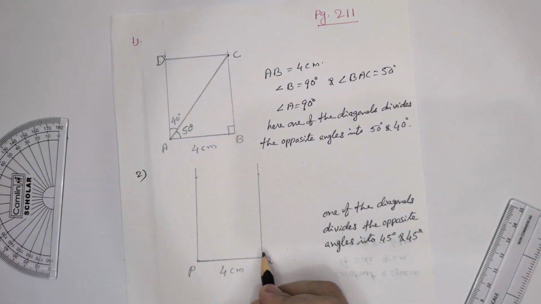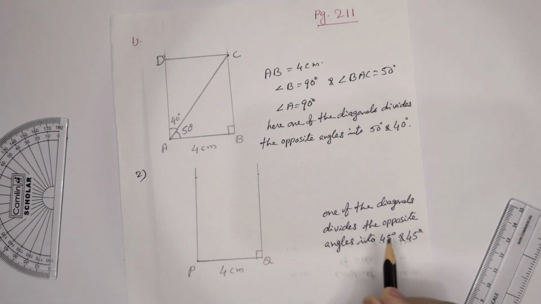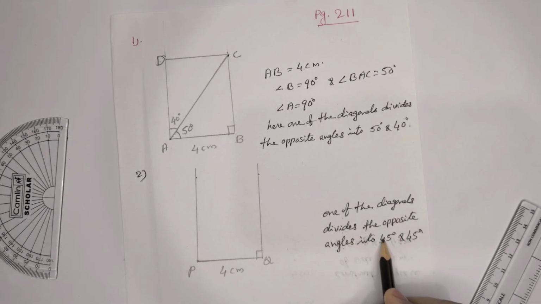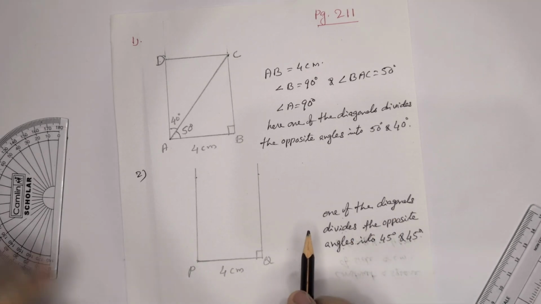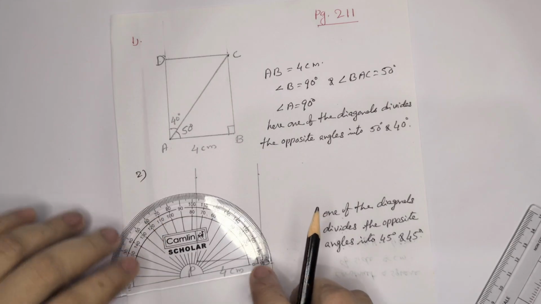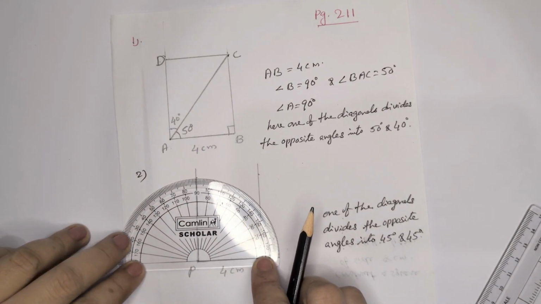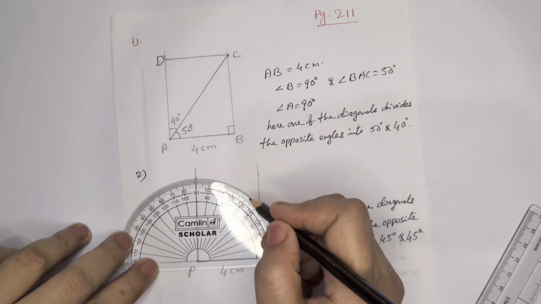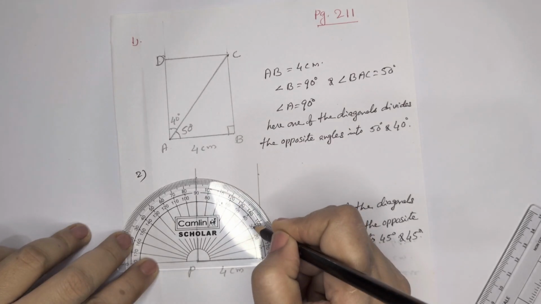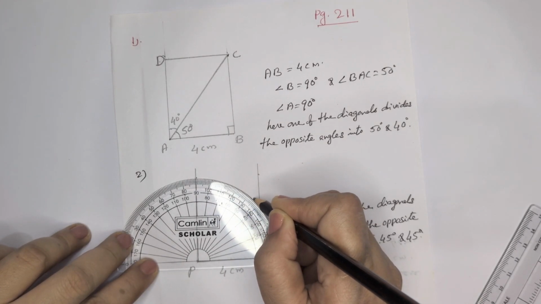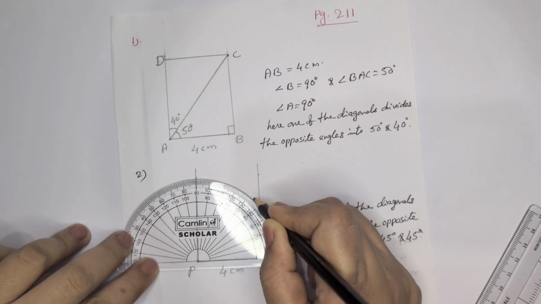Now this angle is 90 degree. We have to make one of the diagonals divide the opposite angles into 45 and 45. So keep the protractor at P and mark 45 degree: 0, 10, 20, 30, 40 and before 50, the mid line here, that is 45 degree.